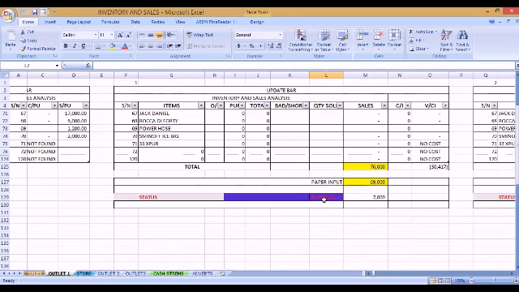The status now changes to shortage, because the stock inventory is telling us that the sales made for the day is 76,000, while what we actually receive from the sales person is 69,000, a difference of 7,000. So it's a shortage.